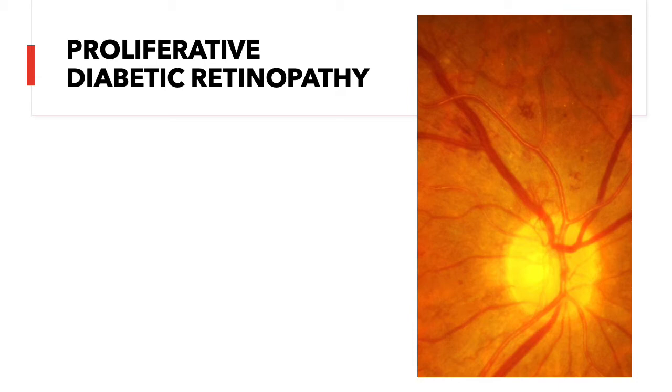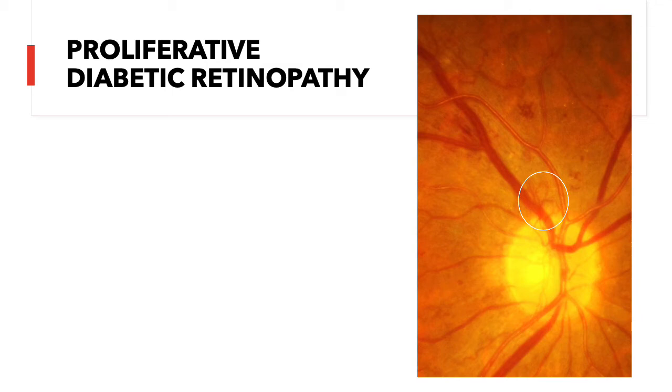The VEGF produced is released into the vitreous area of the eye, and this leads to the stimulation of the formation of new vessels. And the growth of new vessels heralds actually the transition from the non-proliferative stage to the proliferative stage.